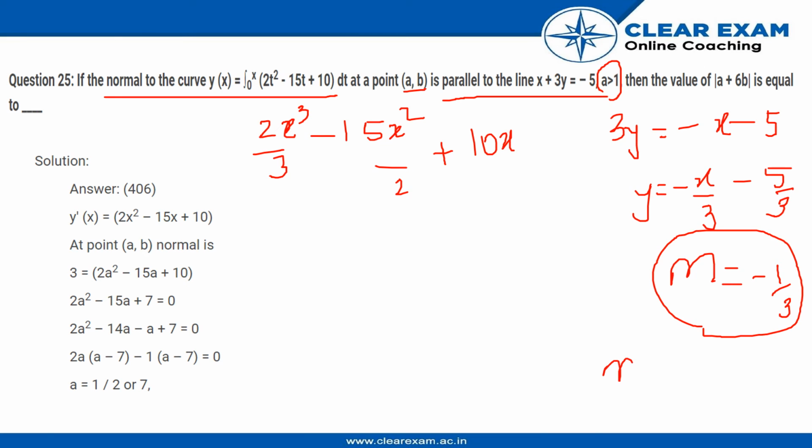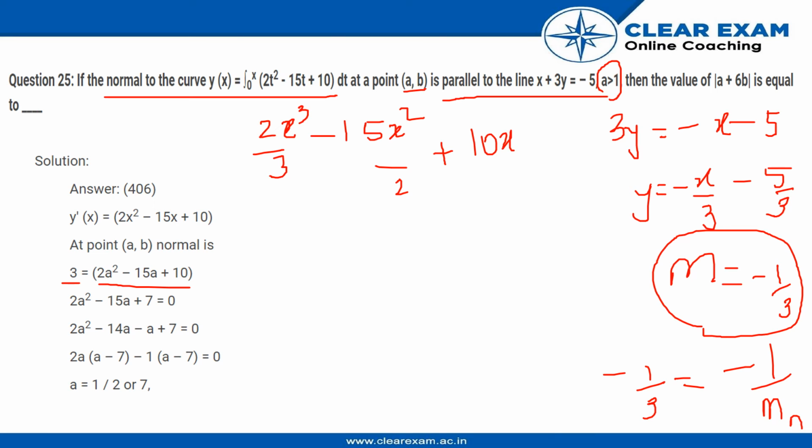So the slope of a tangent is minus 1 by m, the slope of a normal, correct. So the slope of a normal becomes minus 1 by mn equals minus 1 by 3, because the slope is minus 1 by 3, and this becomes mn equals 3. So we have the slope of the tangent equal to the slope of the normal equal to 3.